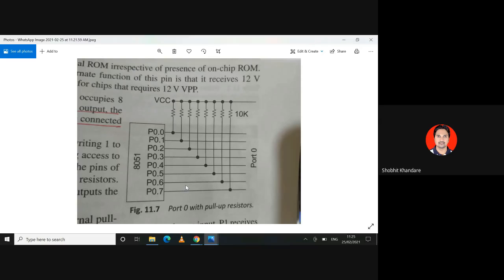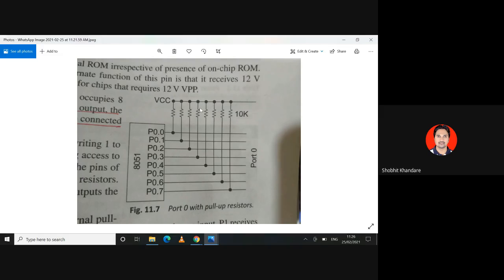For that, you have to connect an external circuit, and this is the external circuit which is connected. Every pin will be connected to VCC through a resistance of 10K. Again, I am repeating, every pin will be connected to the VCC through a resistance of 10K.